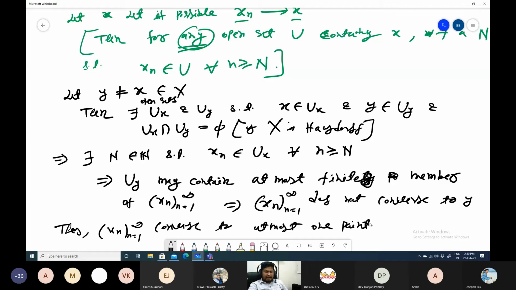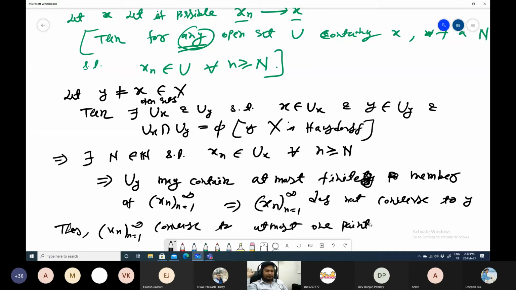Therefore Uy may contain only a finite number of elements. So it is an open set containing Y, but it will not contain all the elements of Xn after some finite stage. Therefore Xn will not converge to Y. So we are done. If Xn converges to X, then that is only 1 point.